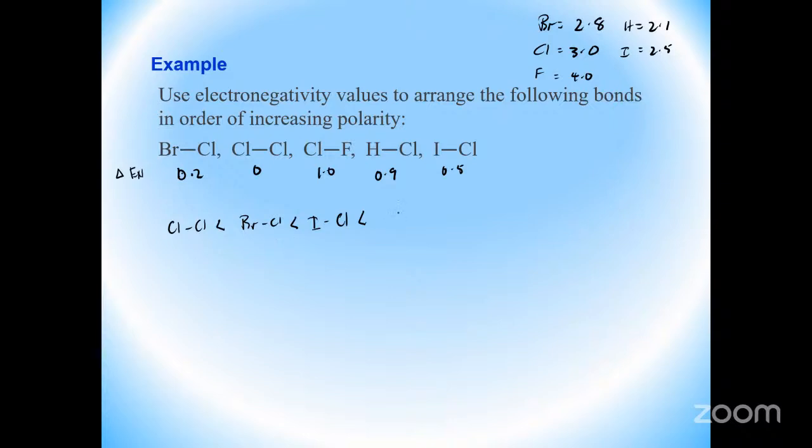Oh, yeah, okay, iodine to chlorine, then hydrogen to chlorine, and then fluorine to chlorine, and that would be it. Right? That's how you determine the order of polarity. All right. Okay, any question about it?